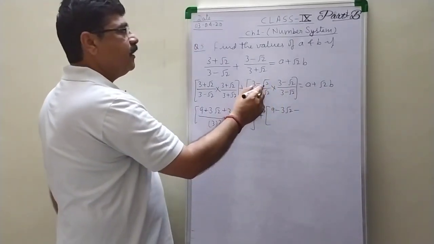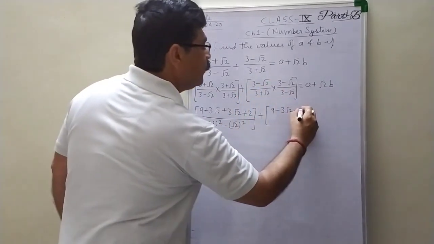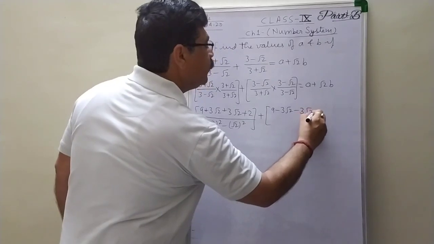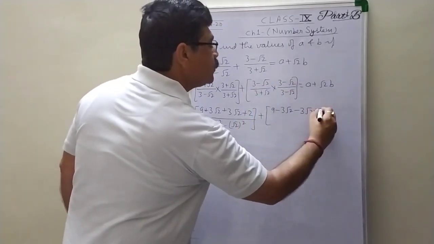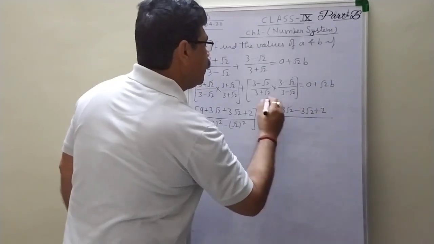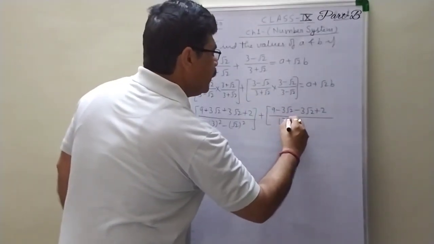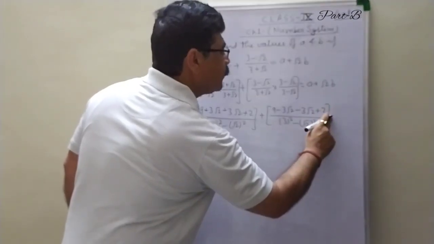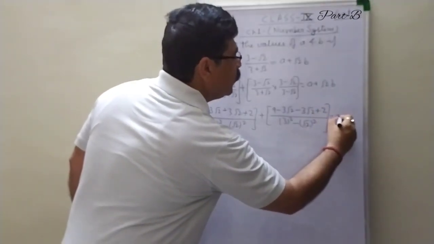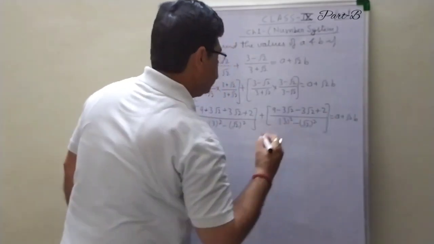Now we multiply minus root 2 by 3, so we have minus 3 root 2. Minus minus plus, root 2 into root 2 is 2. Here we have the same identity, A square minus B square. So we can write it like this, is equal to A plus root 2B.